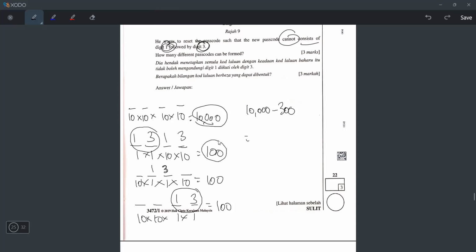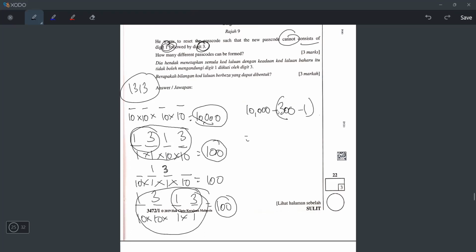It means this 100 ways is already including 1, 3, 1, 1, 1, 3, 1, 2, 1, 3, 1, 4, 1, 4, 1, 1, all the possibilities. It means I'm already including 1, 3, 1, 3. But if you look at this, the 1, 3 I put in front, this 100 ways also includes the 1, 3, 1, 3. It means this 1, 3, 1, 3, I already counted twice. It means it's actually not minus 300, it's actually 300 minus 1 first.